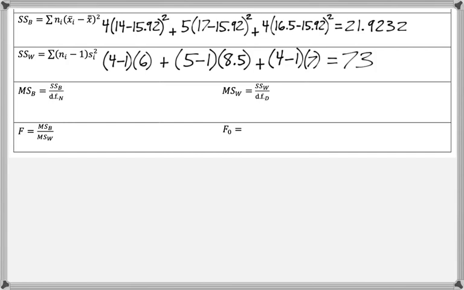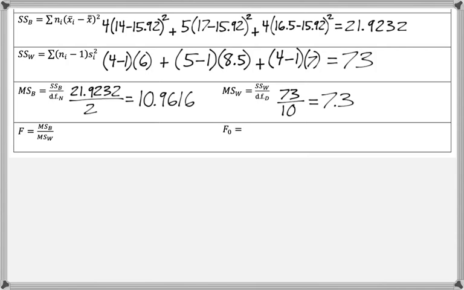MSB stands for the mean square between, and we need to take SSB and divide it by the degrees of freedom for the numerator. So 21.9232 divided by 2 is equal to 10.9616. MSW stands for the mean square within, and we need to take SSW and divide it by the degrees of freedom for the denominator.